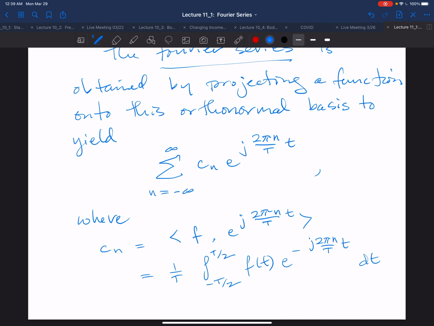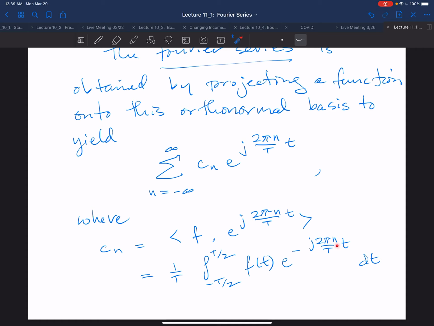Now, often the functions that we're interested in are real valued. Here we're dealing with complex exponentials. So in the case where f is real valued, well, if you look at this integral, if f is real valued, then the effect of changing the sign of this little n here, which only appears at this point in the integrand, will be the same as changing j to minus j.